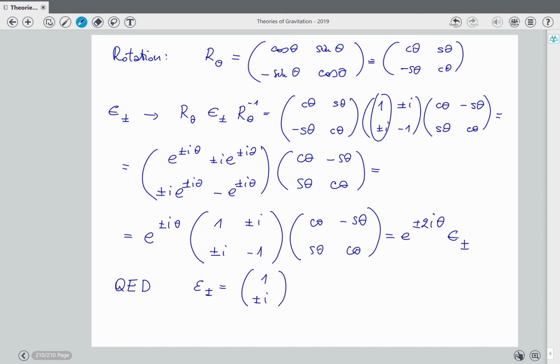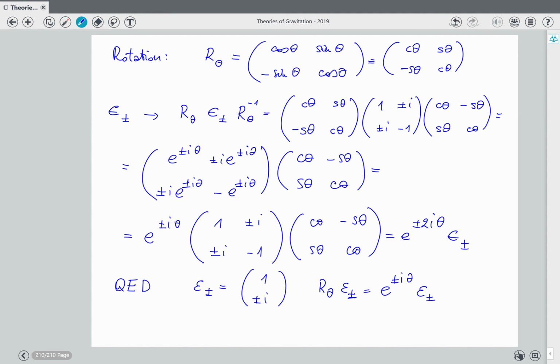Which is basically this vector, the first column. And there you just have one. It's a vector, so the rotation is this. But we have already calculated this. It is this part. We have already done that calculation. So in QED, what you have is helicity 1 and minus 1.